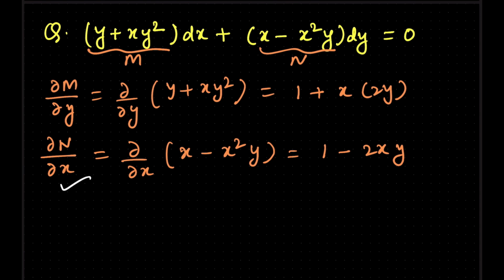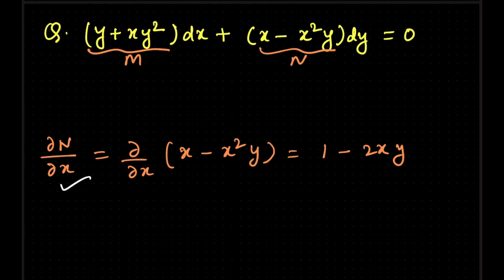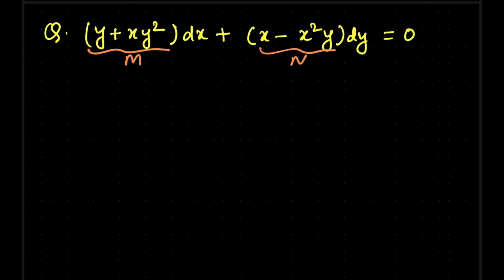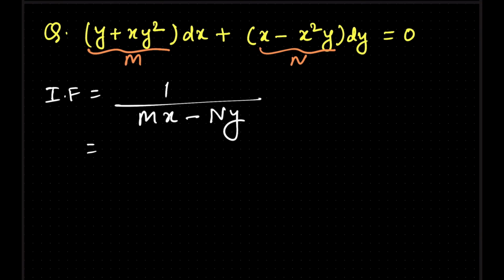So what we will do is find the integrating factor, multiply it with this non-exact differential equation, and get the exact differential equation. We know the integrating factor is 1/(Mx − Ny).